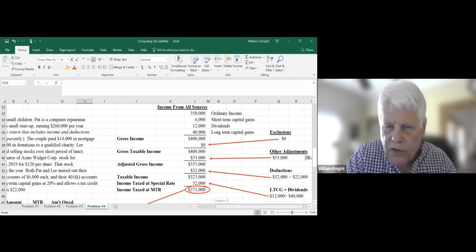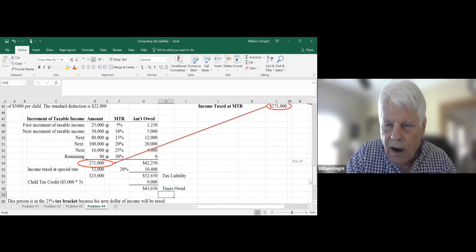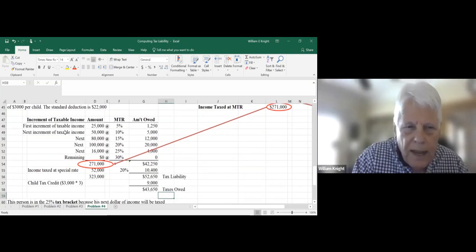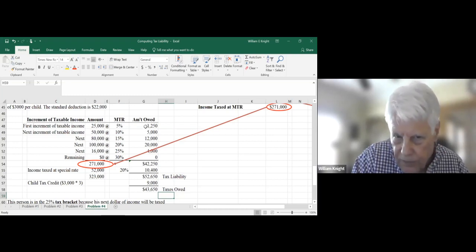So let's go over here to this table and see how their tax liability and the amount of taxes owed are computed. So once again, here are the tax brackets, and here are the marginal tax rates for each bracket. The first $25,000 of taxable income that they earn is going to be taxed at 5%, which gives $1,250.